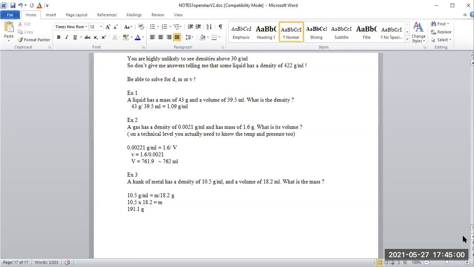What if you had a gas? Okay, there are ways to measure gas densities, and technically speaking, you should actually know some additional information like temperature and pressure, but I just kind of simplified this problem. What if my gas was 0.0021 grams per mil? And the whole thing only weighed 1.6 grams. What's its volume? Plug in your pieces. Do your little algebraic flip, such that you want your V by itself.